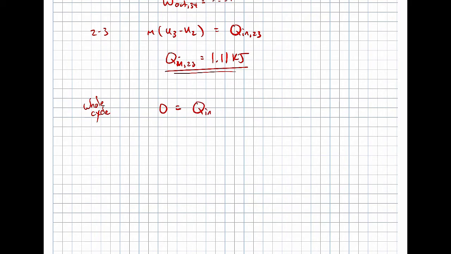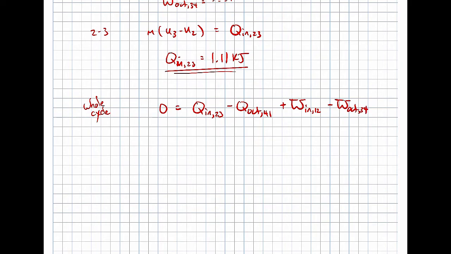So that'd be Q in from 2 to 3 minus Q out from 4 to 1, plus the work being done on the air from 1 to 2. Let me put that as W in 1 to 2 minus the work coming out from 3 to 4 during the power stroke.